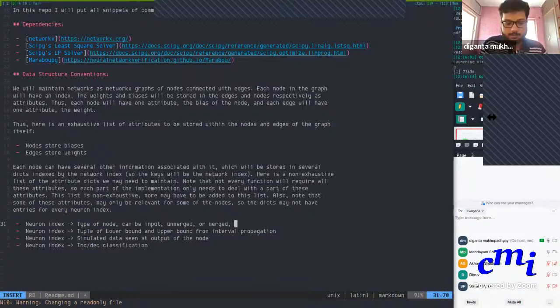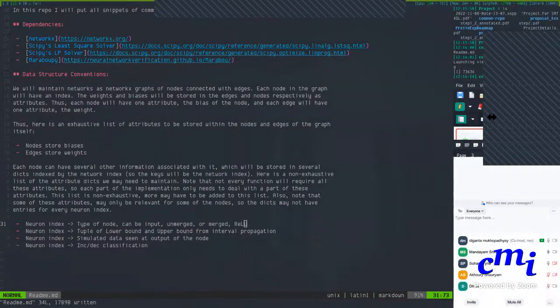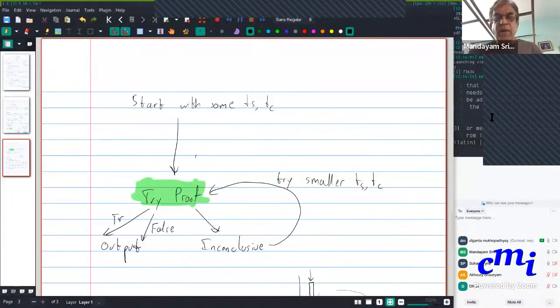So Soham, will you be responsible for actually generating the output and reporting it? Who is the person who will actually be running?